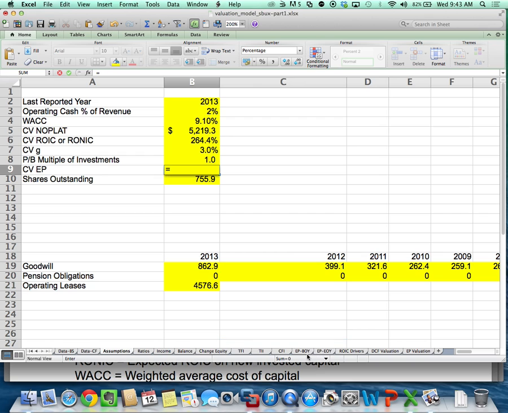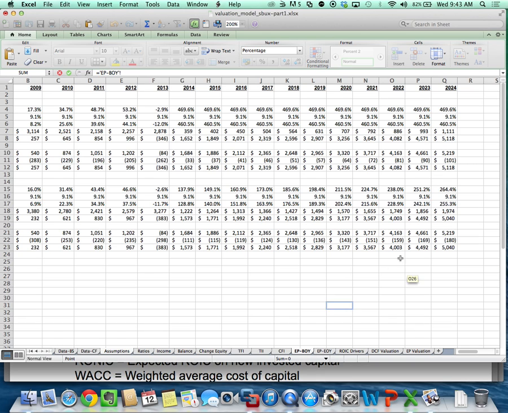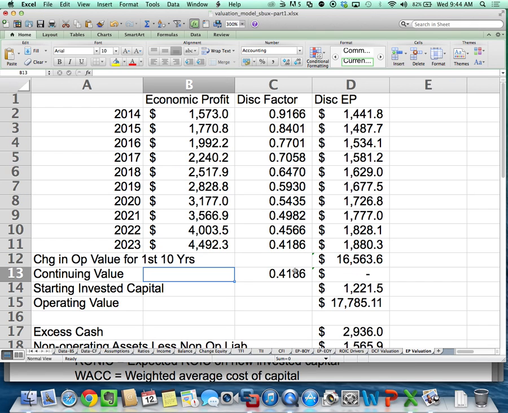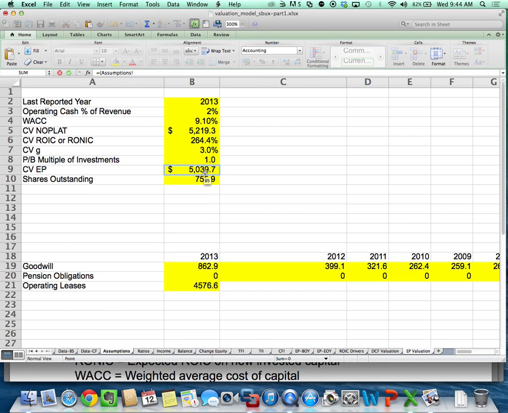Equals EPBOY 2024 economic profit. So I have the 5 items right here that I need. Back to my valuation. Equals, left paren, economic profit divided by WACC, so just on my assumptions page, the continuing value economic profit divided by the WACC.